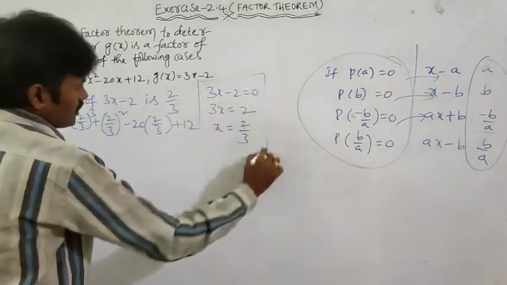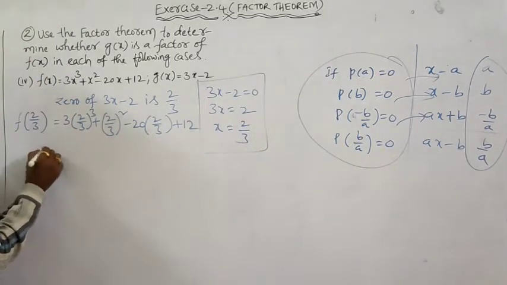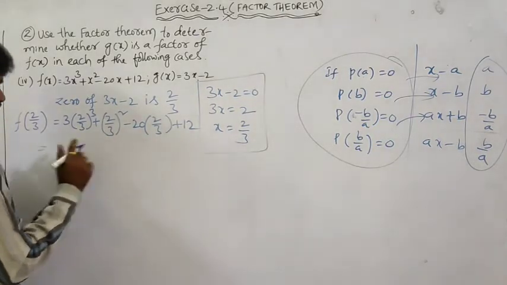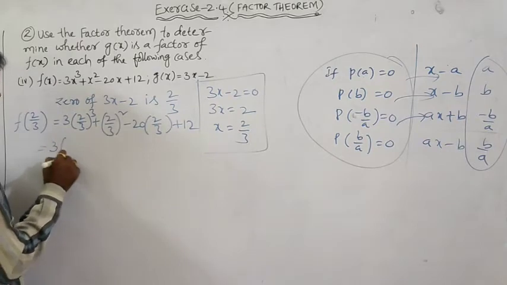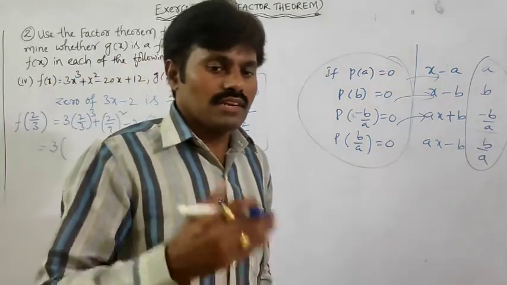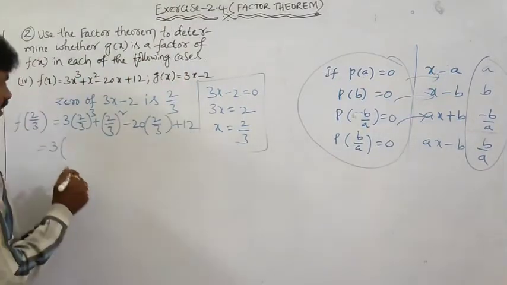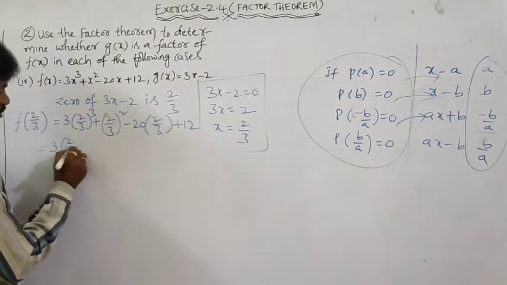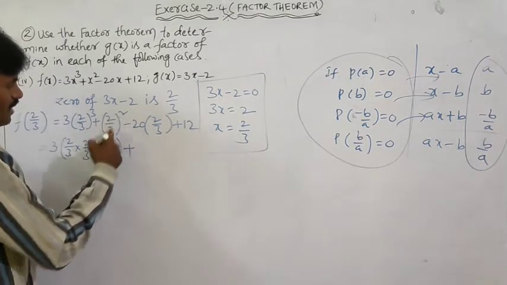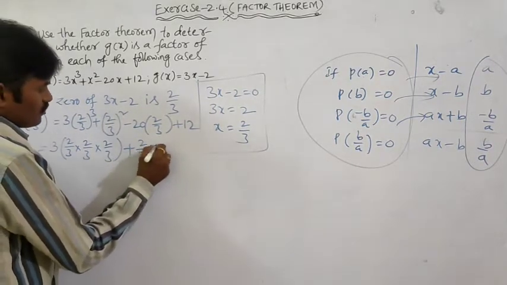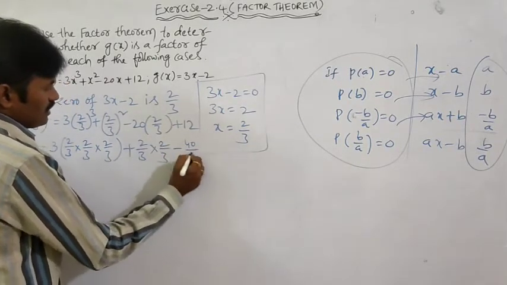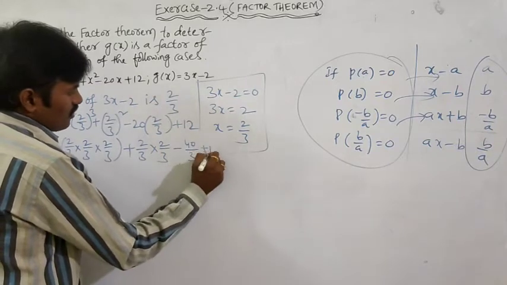Okay, this is rough work right hand side. Now simplification of this mathematical sentence. How to simplify? 3 into 2 by 3 whole cube. So 2 by 3 you have to multiply itself 3 times. So 2 by 3 into 2 by 3 into 2 by 3 plus 2 by 3 whole square. Again multiplication 2 by 3 into 2 by 3 minus 20 into 2, 40 by 3 plus 12.